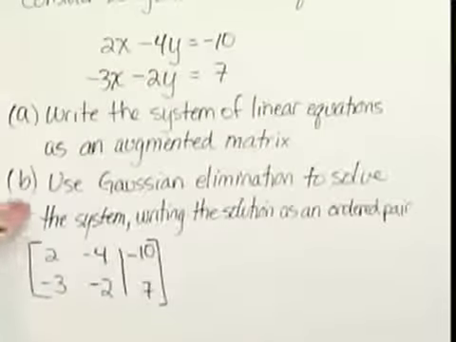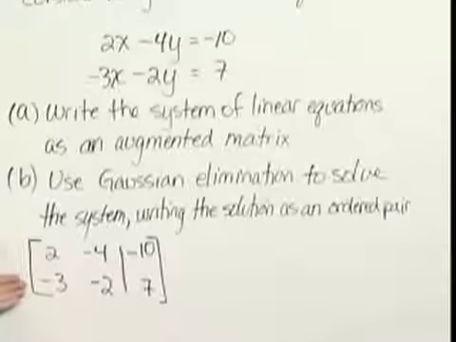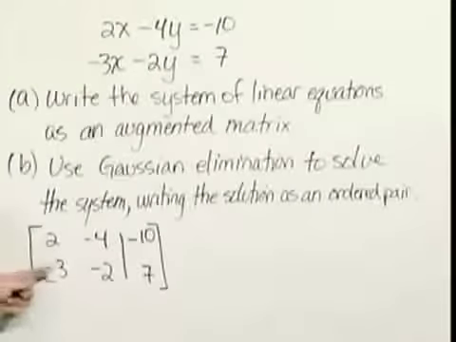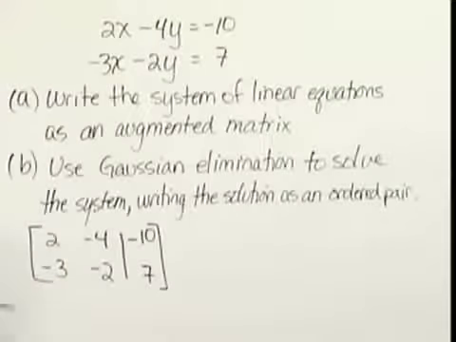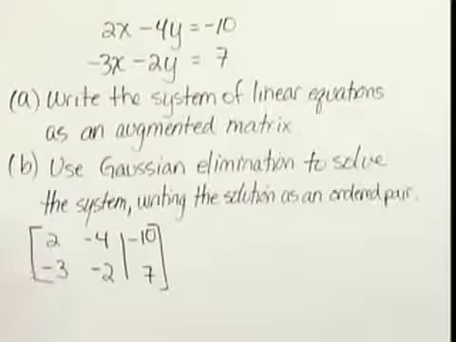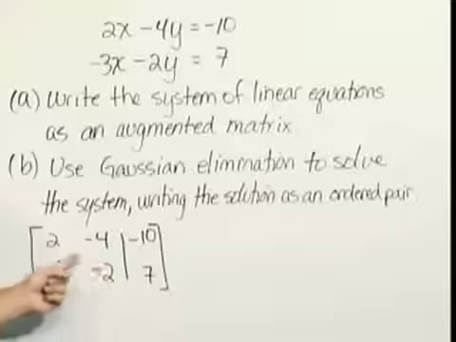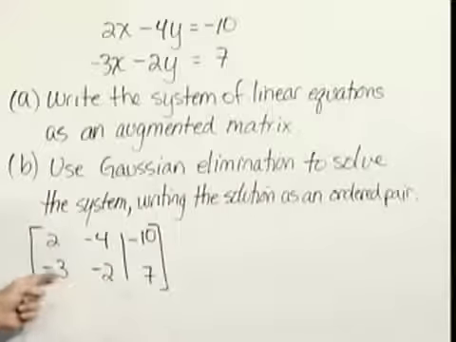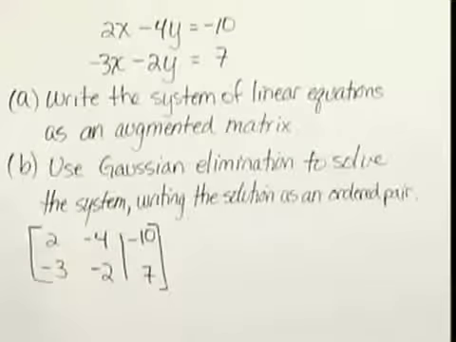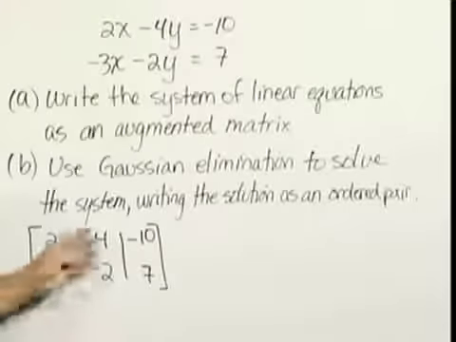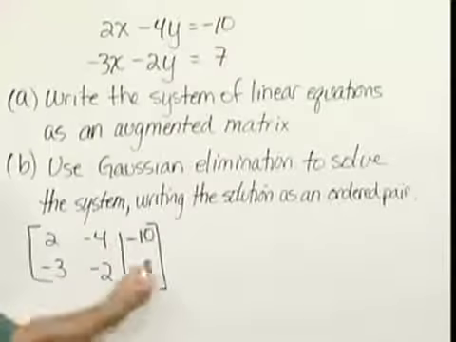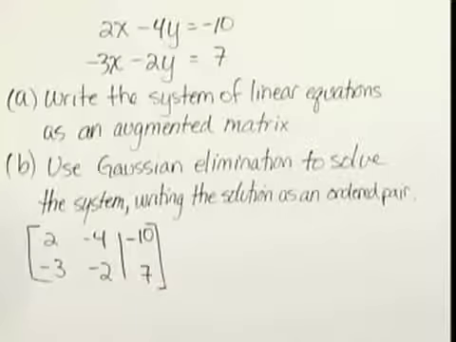Now for part B, we start with this matrix and we perform row operations on the matrix so that we end up with ones along this diagonal here and zeros in the other positions of this side, leaving constant numbers over here.